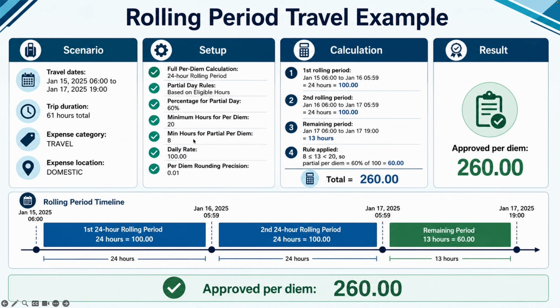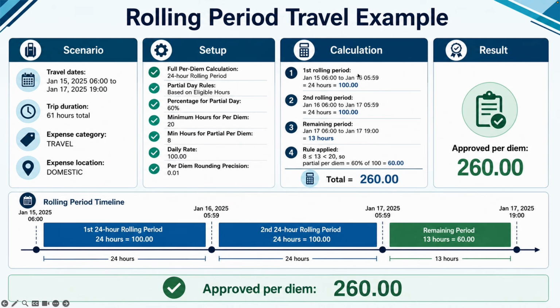And if I see the next thing which says minimum hours for partial per diem, so that's 8. So for the 17th it was 13 hours, which is greater than 8. So now it qualifies for the partial per diem. Now for the partial per diem, I will get the 60% of it, which is basically $60. So that's the calculation on the third tab.